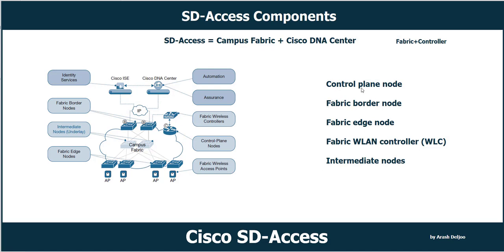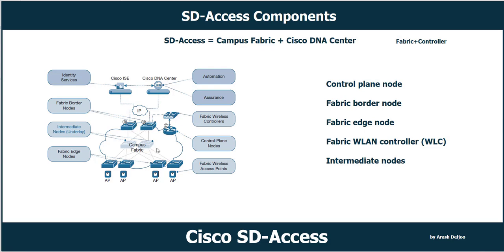Look here: control plane node, fabric border node, fabric edge node, fabric wireless LAN controller or WLC, and intermediate nodes. Here you can see them. As you can see, we have the traditional campus network including access switches, distribution switches, and core switches.